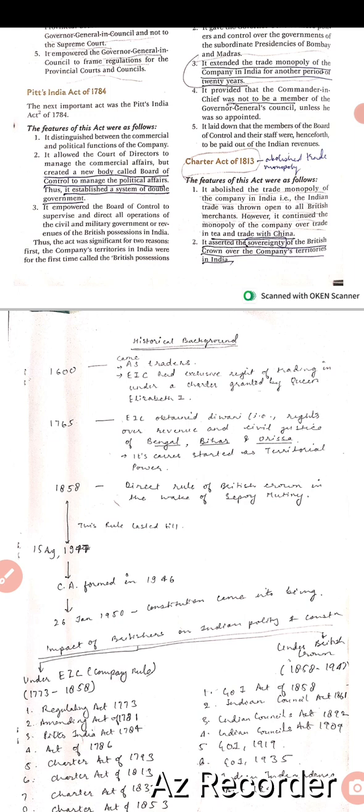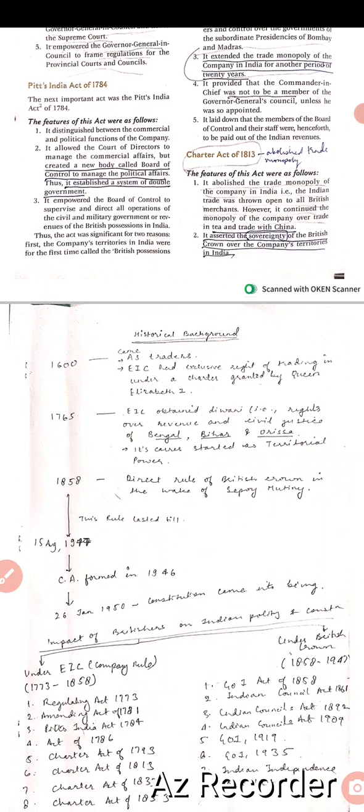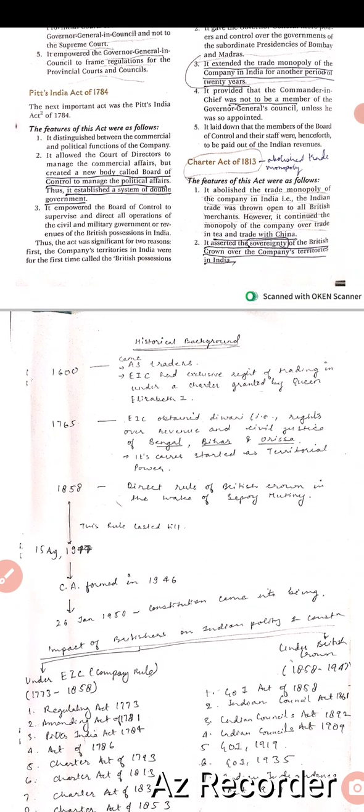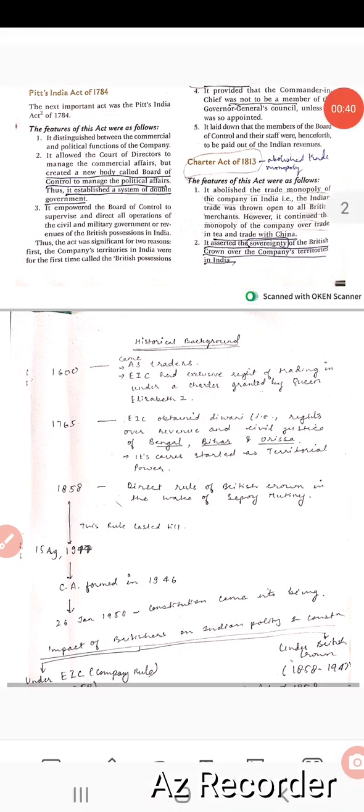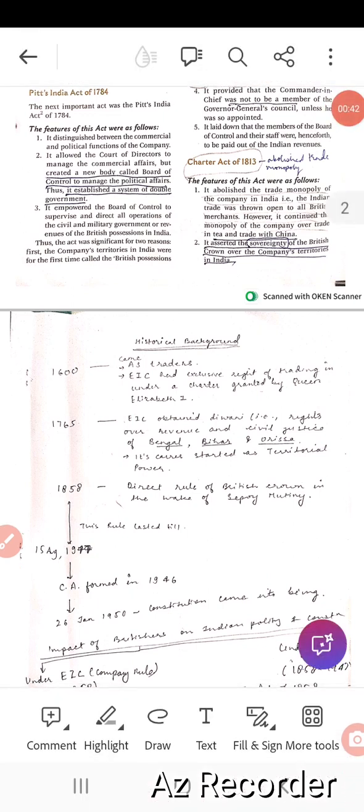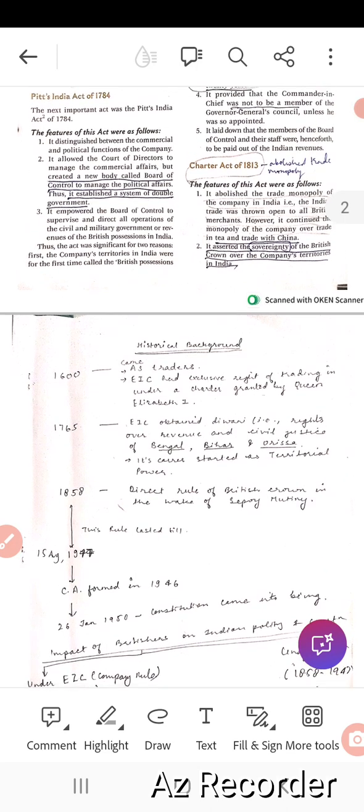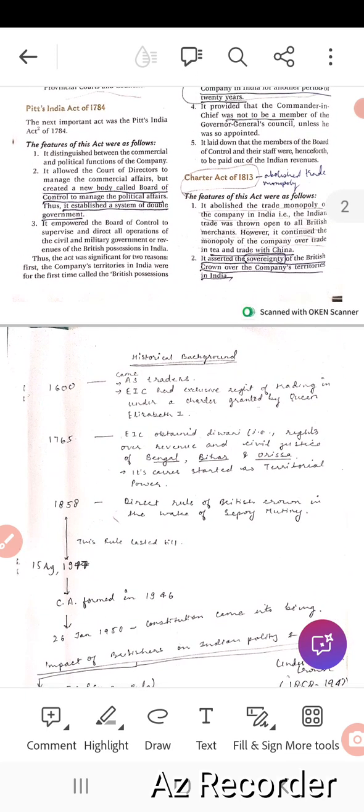So the monopoly of the East India Company ended, and from now onwards other British merchants were allowed to do trading in India. Before that only the East India Company was allowed, and after this Charter Act of 1813 it allowed other British merchants also to do trading in India.